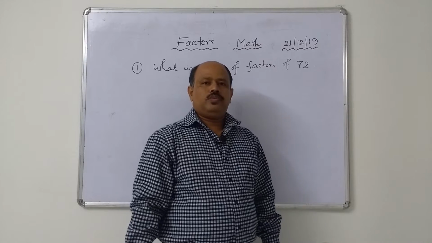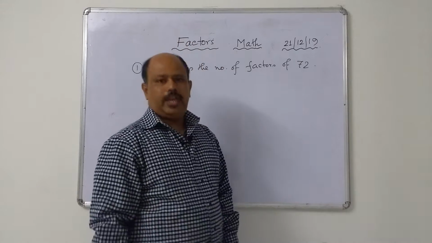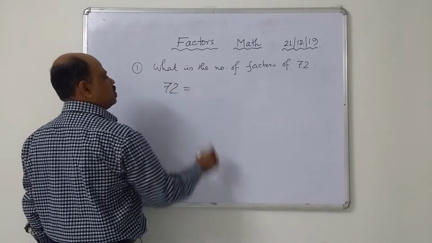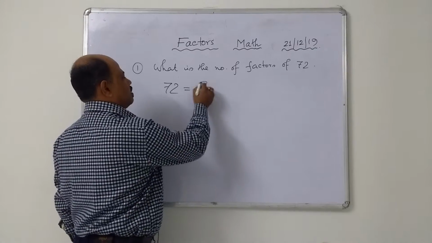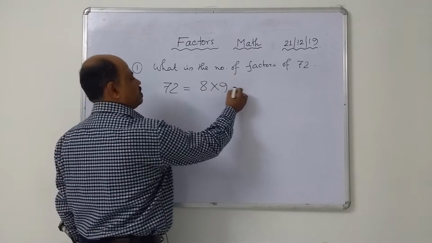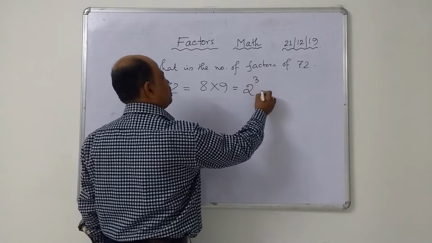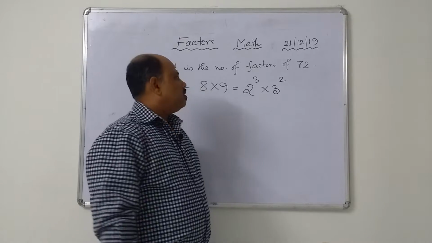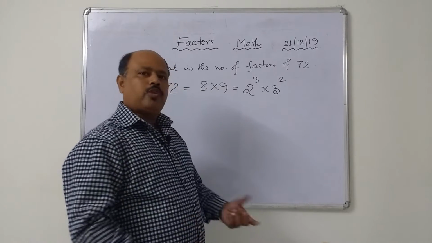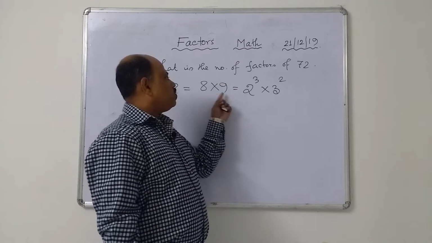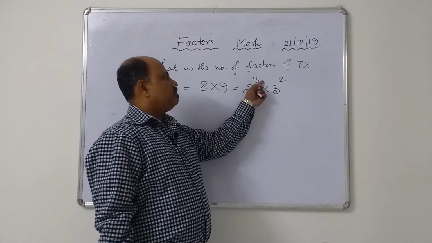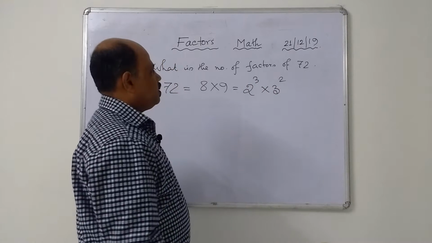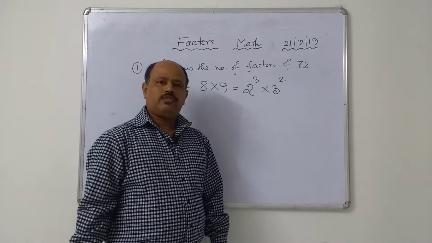At first you have to know what is the rule to find the number of factors. At first 72 can be written in this way, that is the power form, the exponent form. 8 into 9 can be written as 2 to the power 3 into 3 to the power 2, but you have to listen carefully.